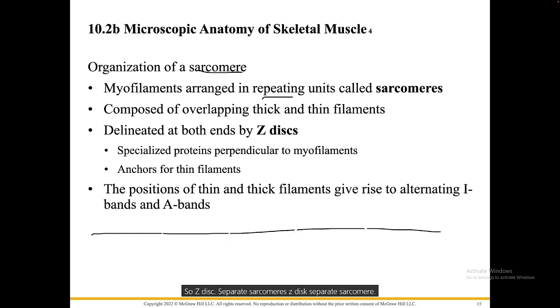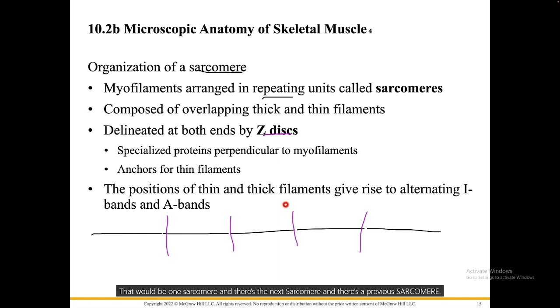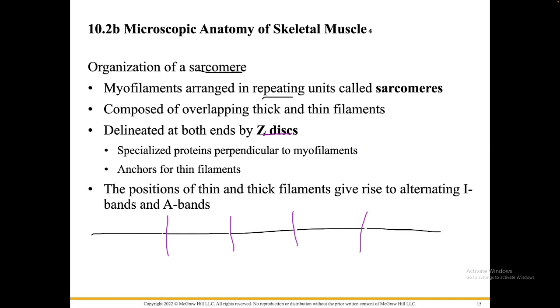So Z-discs separate sarcomeres. Or we could say from one Z-disc to another Z-disc, that would be one sarcomere. And there's the next sarcomere, and there's a previous sarcomere. These Z-discs are where the thin filaments anchor. Thick does not, but the thin filaments anchor to the Z-disc.